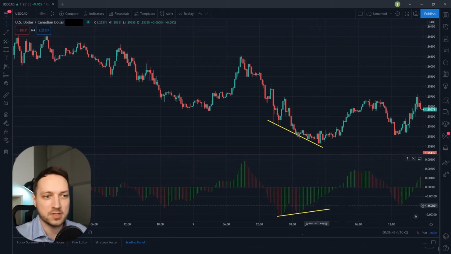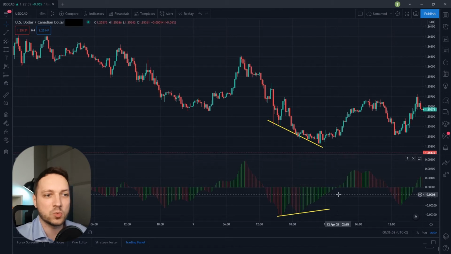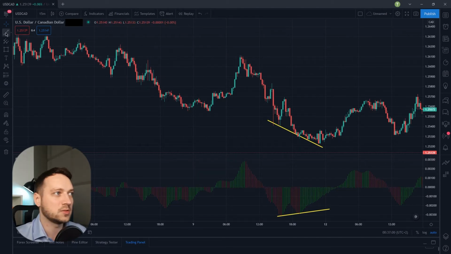So this is, for example, the setup, and the entry point is when the histogram crosses the zero level and this first green bar is created. We enter the buy trade in this situation.